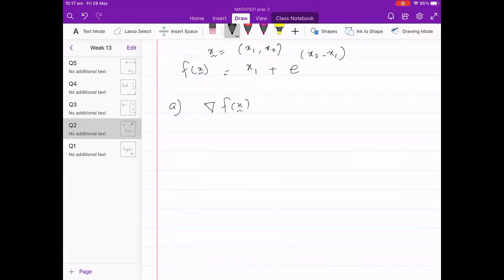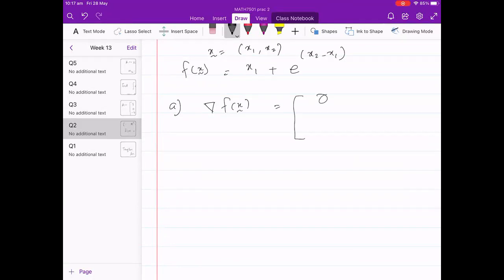What does that mean? How do you compute that? Yeah, partial derivatives. That would be equal to the derivative with respect to x1 and x2.